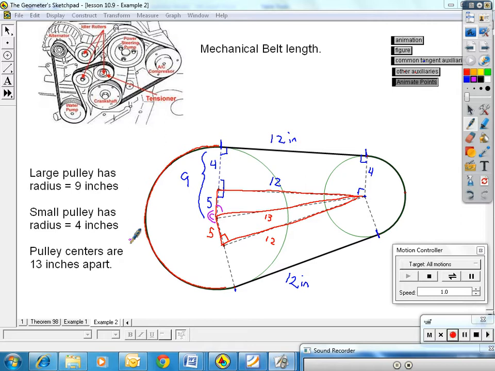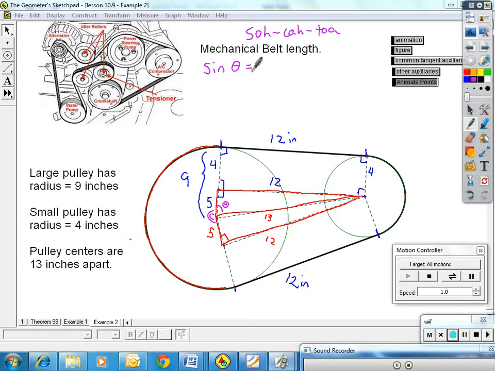Let's bring our sine, cosine, and tangent back into view here. I want to find this angle, so I could do sine of that angle, we'll call it theta. SOHCAHTOA, remember, so it's opposite over hypotenuse.